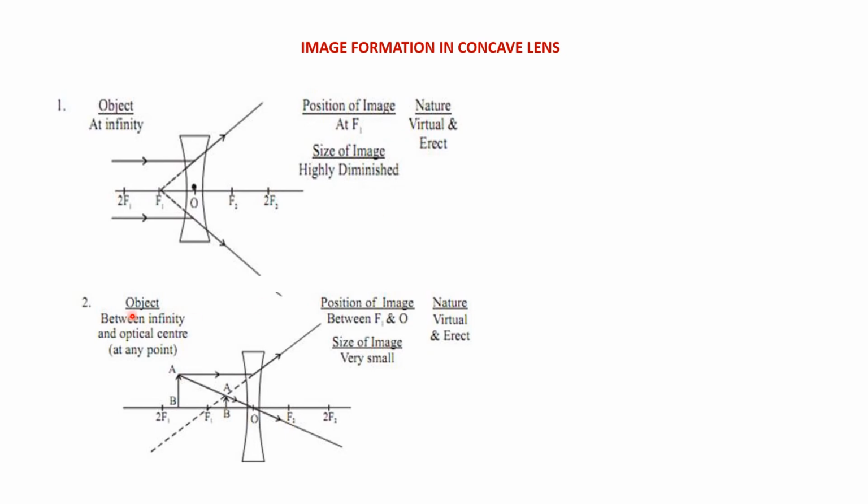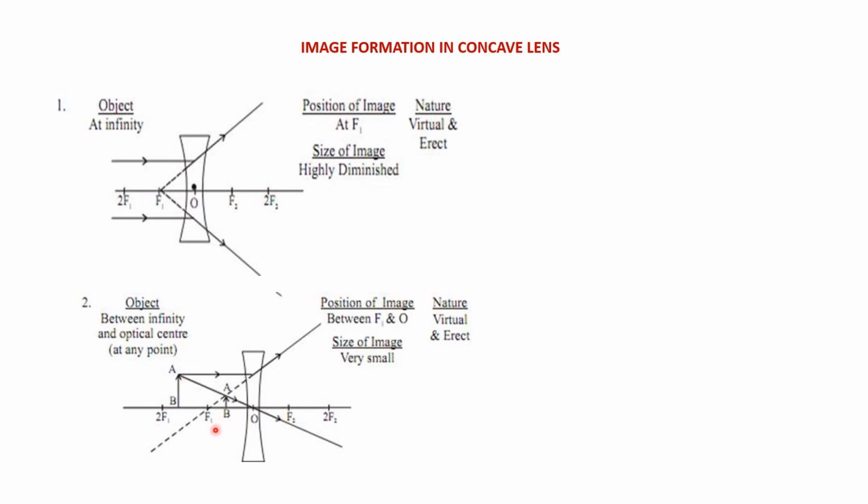Object when kept between infinity and the principal axis, anywhere on this principal axis, it should be just between the infinity and the principal axis, right? So I have kept the object over here. This is between 2F1, the center of curvature 1, and the principal focus 1, right?